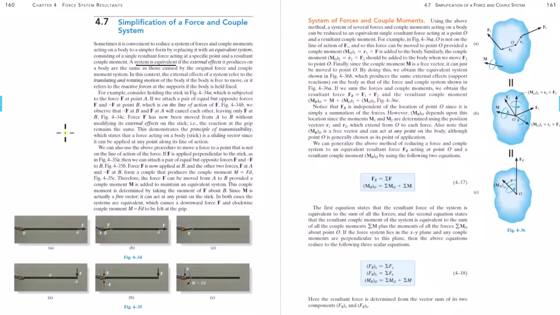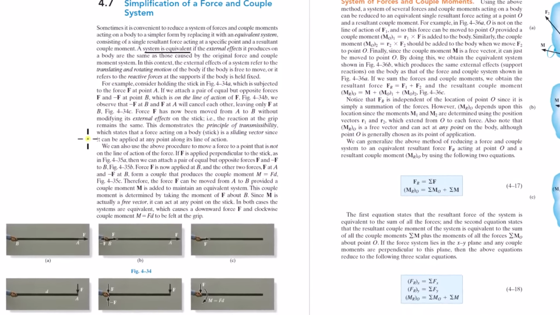But for a force vector, you can slide it and the system is still equivalent. And that's what we're about to talk about in this section. There are different ways you can manipulate forces and moments without changing the system. Once we go through all of these different ways, you're going to have a really good intuitive sense of the rules for moving and summing moments and forces on a body.